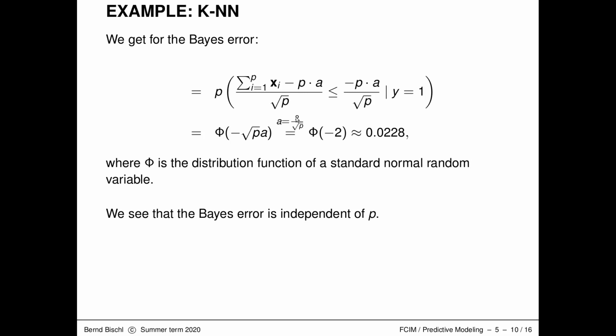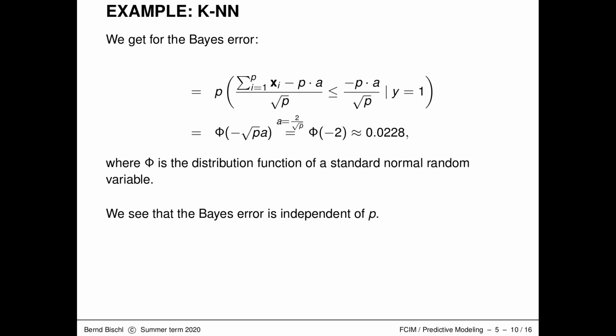And you can now also see why I chose this specific configuration of a, so that at the end we basically end up with a constant independent of p. And the Bayes error at the end will be something like 2% or 2.2% of misclassifications, independent of dimensionality. Okay, so far so tedious.